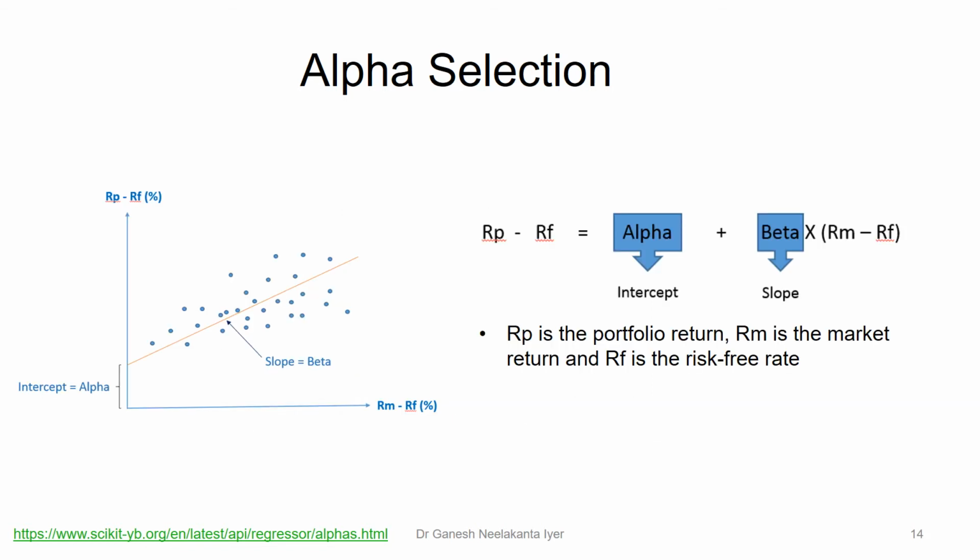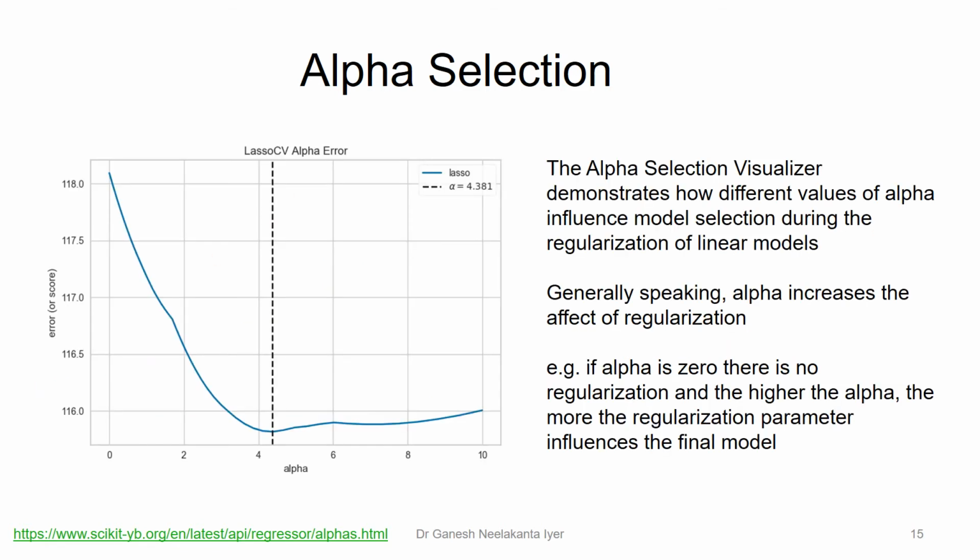So what is alpha? If you take Rp as portfolio return and Rm as market return, your Rp minus Rf is what you want to plot, which is alpha, the y-intercept, plus slope times x times Rm minus Rf. So the alpha is nothing but the y-intercept, and we want to see how well your alpha is selected.